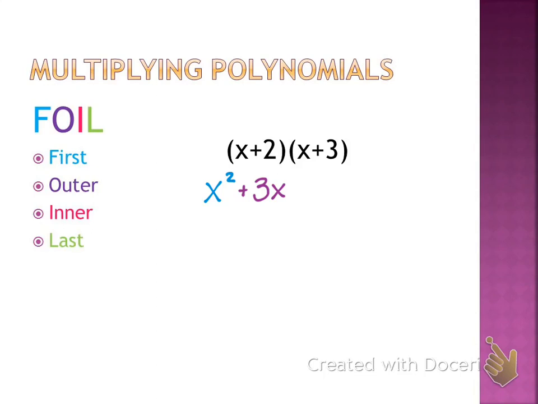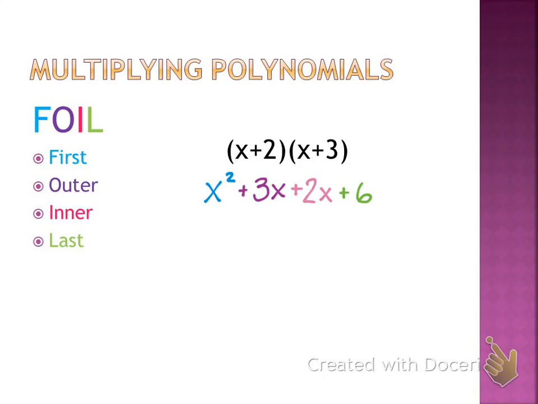So I'm going to look for the inner terms. If I just did the outer, then these have to be the two terms that are on the inside. So I do positive 2x. And finally, the last terms in each expression, 2 and 3. And 2 times 3 is positive 6.